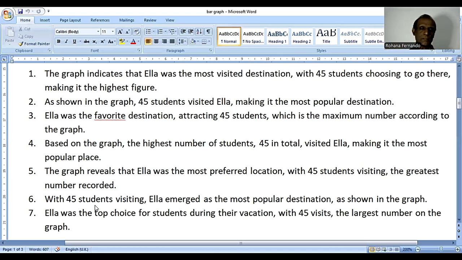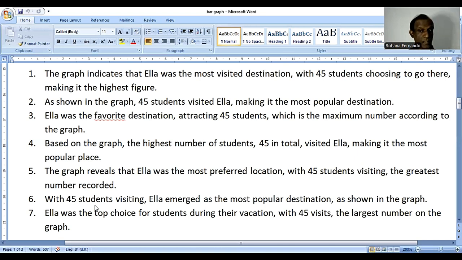Again, we have used two commas to separate information, but instead of maximum or highest, we have used largest. So as you can see, there are different ways of presenting the information about the highest number.